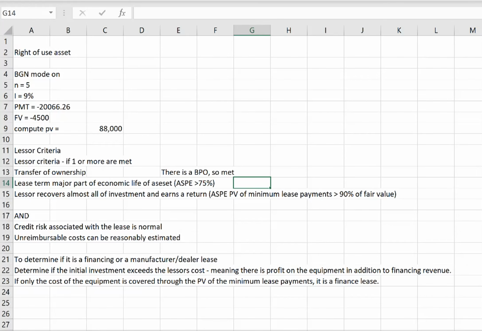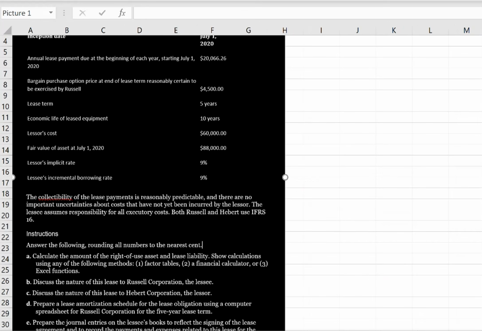And this is a 5-year lease, 10-year economic life, so this is only 50%. So this criteria I would say is not met. That's not a majority. And here is where I saw the economic life of the leased asset. You can see 10 years there. So the lease term is 5 and the economic life of the leased asset is 10 years.